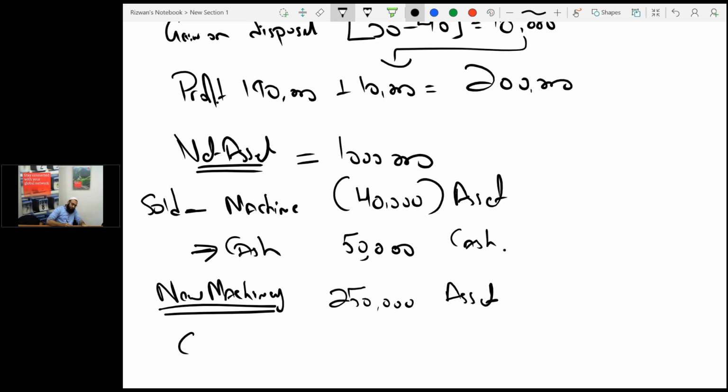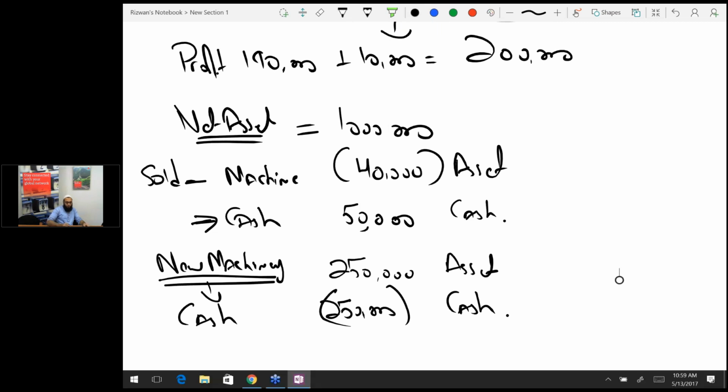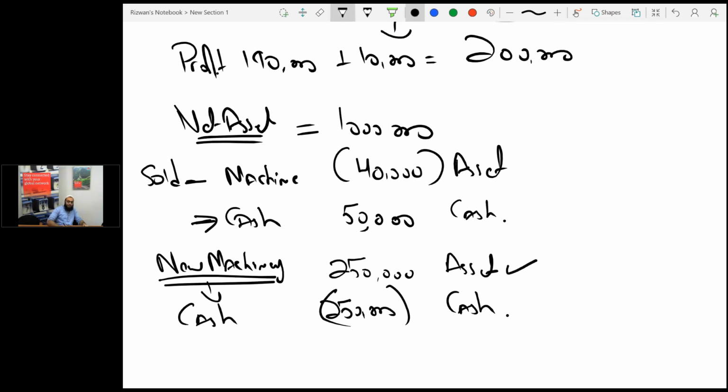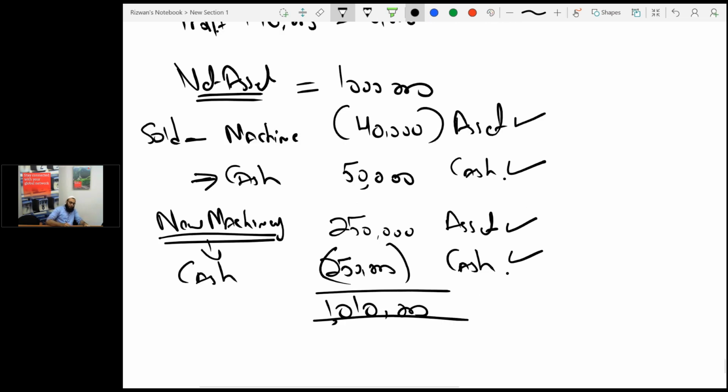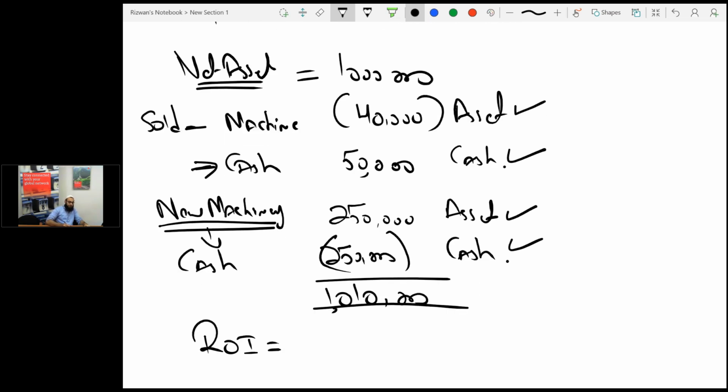But at the same time, you paid for that new machinery through cash. It's cash inflows and outflows. So you bought a new machinery, asset increased, cash got down. You sold a machinery, asset got down, cash increased. What is the net value of the net assets at the end of the year? It is 101,000. Come on, my friends. Any class 10 student can also solve this if he or she has the concept.